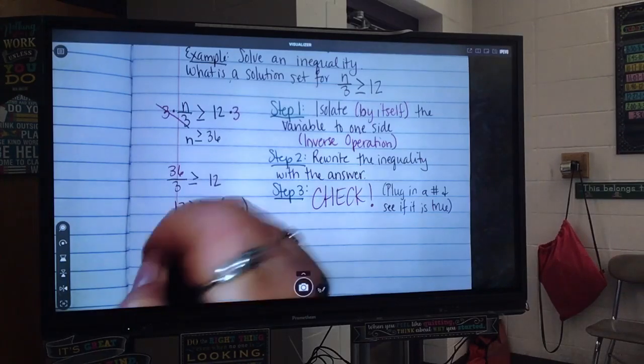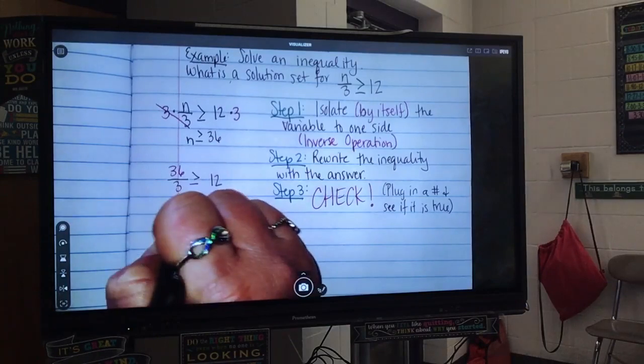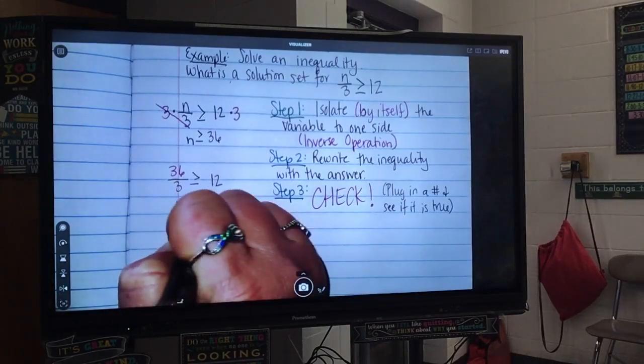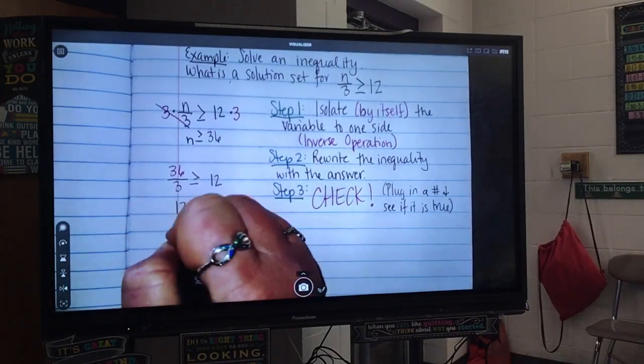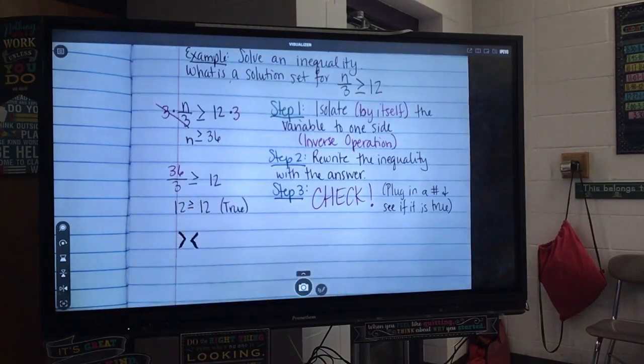Alright, and just a refresher, because I believe that movement makes your mind work better, we are going to rewrite essentially the open and closed with the circles.